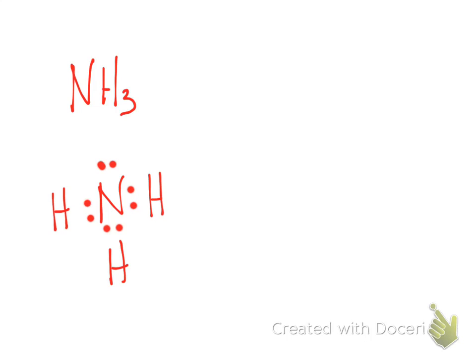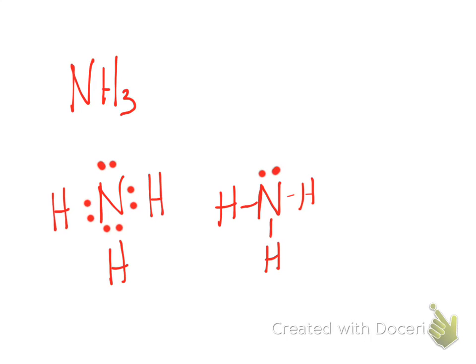Now, any of those pairs that are shared, we can change to a line. How many lines are we going to put in here? 3. Okay. We have to put that pair back on nitrogen.